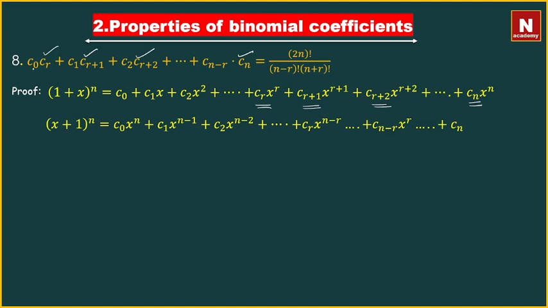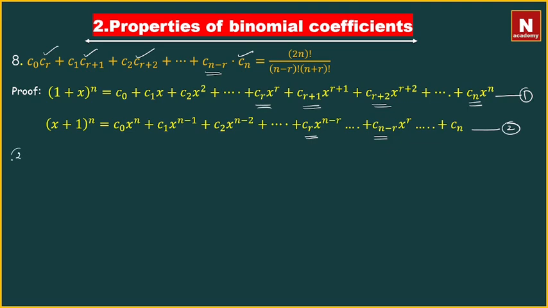Because here C0, see, observe, this Cn minus r required. That's why I am writing Cn minus r also. Similarly here Cr is also required. Therefore, we are writing like this. This is equation number 1. This is now equation number 2.